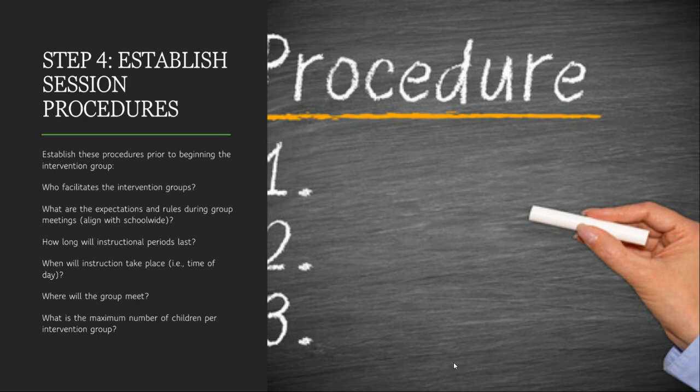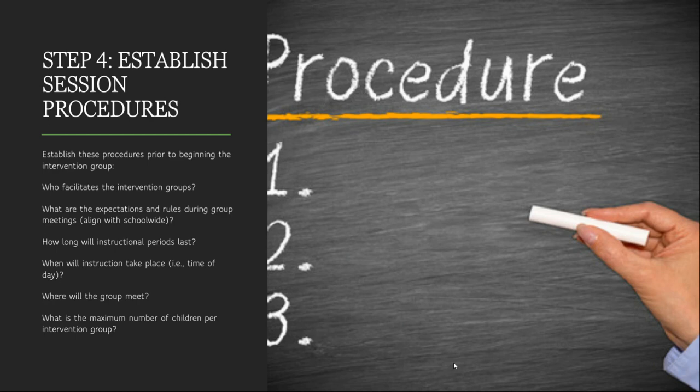So the more the students are able to understand the procedures, and those procedures become routines, that is going to help maximize the amount of time that the instructor has to spend focusing on those skills.